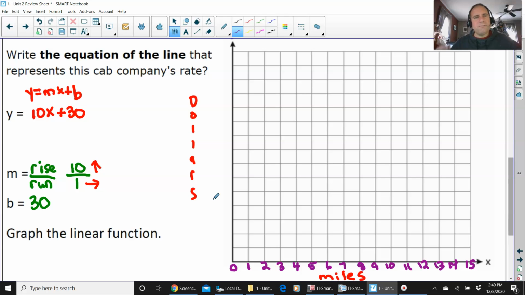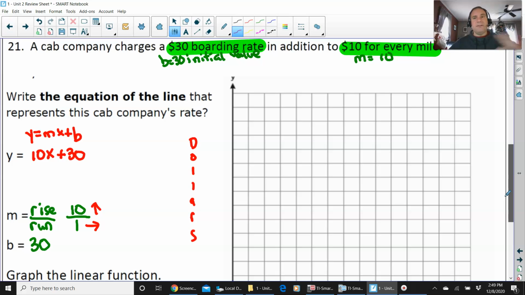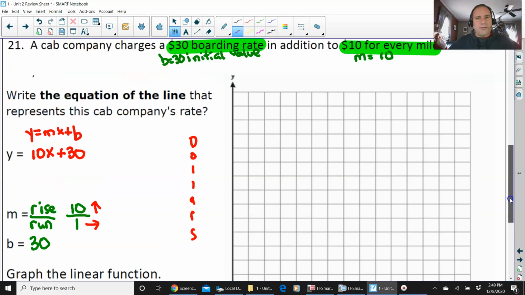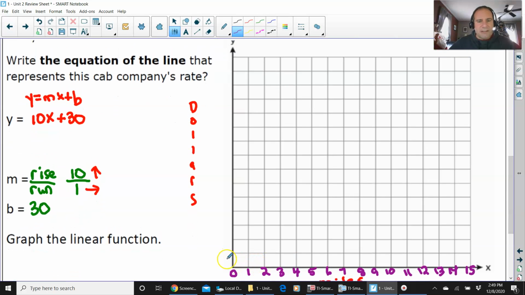Like when this person got into the cab, what did they have to pay as a rate before even moving? If you're saying 30, yeah, he or she had to pay $30, a boarding rate of $30. So that's what I'm going to start with. You see, I'm going to start this y-axis at 30.